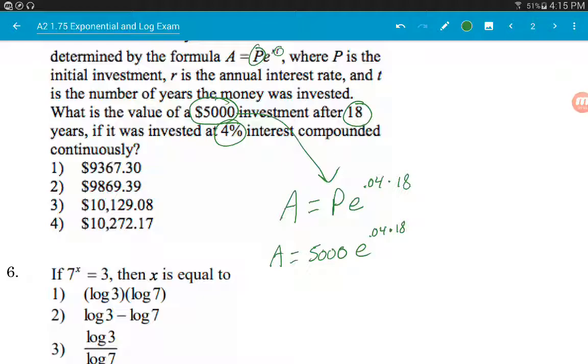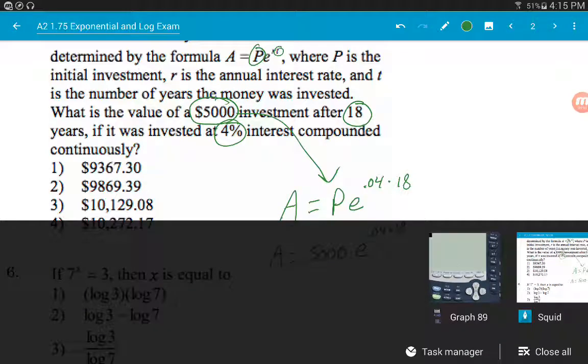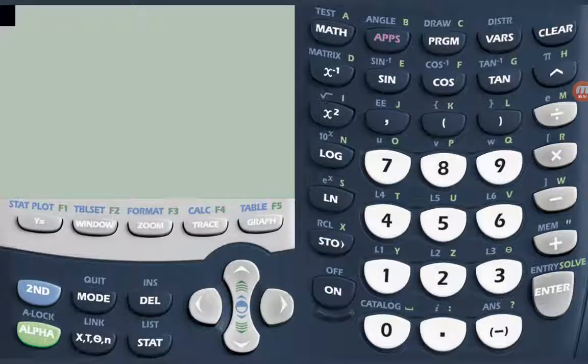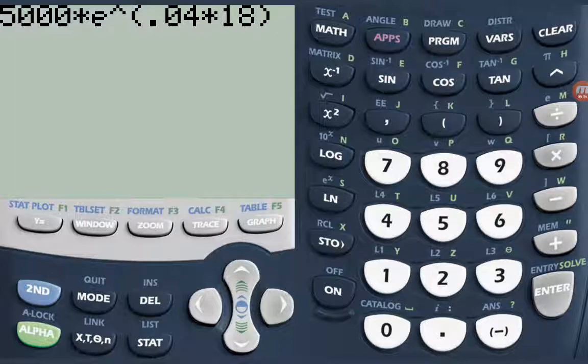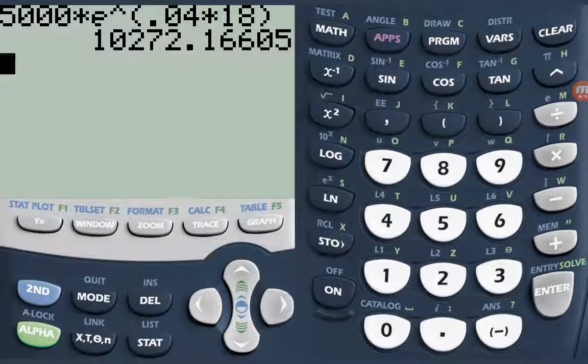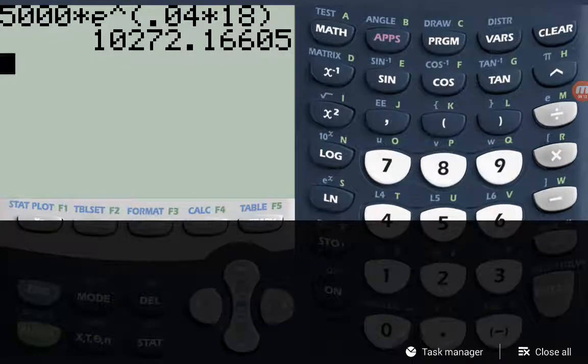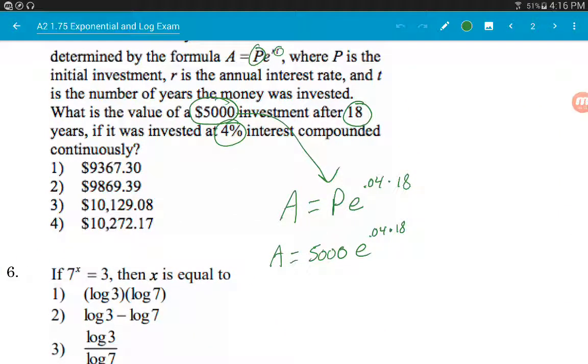I'll show you how to plug this into your calculator. 5,000 times e raised to the 0.04 times 18. Enter. 10,272. So my answer is 4.